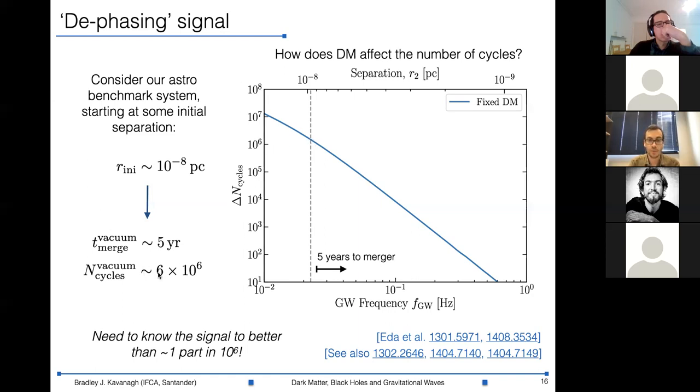But you started out with 6 times 10 to the 6 cycles, and so this is an order 1 effect. This could be huge. And so the hope is that you can discriminate between this vacuum system and this system which drastically changes the gravitational waveform just by making the system inspiral at a different rate.